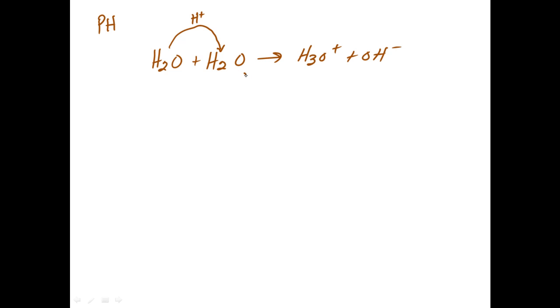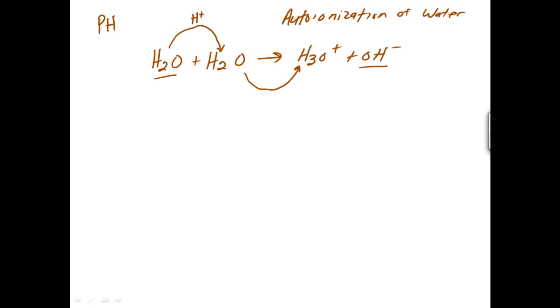The water in turn becomes the hydronium ion. The loss of the hydrogen ion from this water molecule leaves the hydroxide ion left. So this is called the autoionization of water.